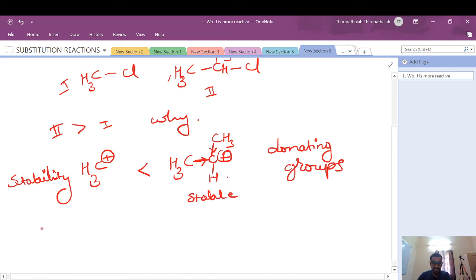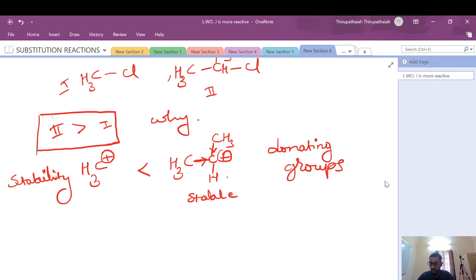Hence, the reactivity order is this one. Compound 2 is more reactive in SN1 compared to compound 1.